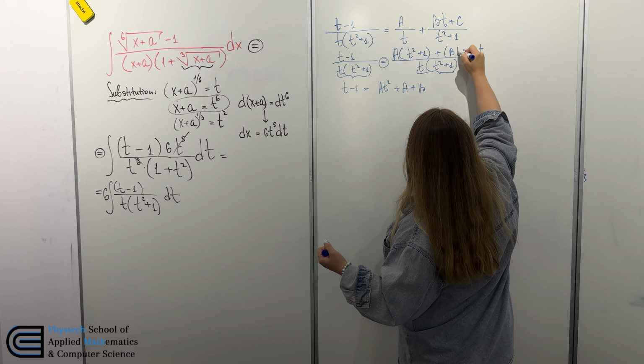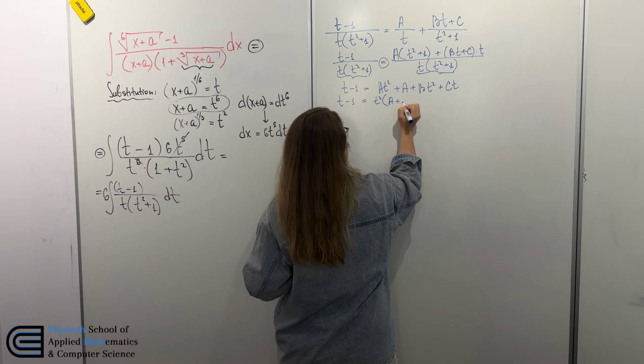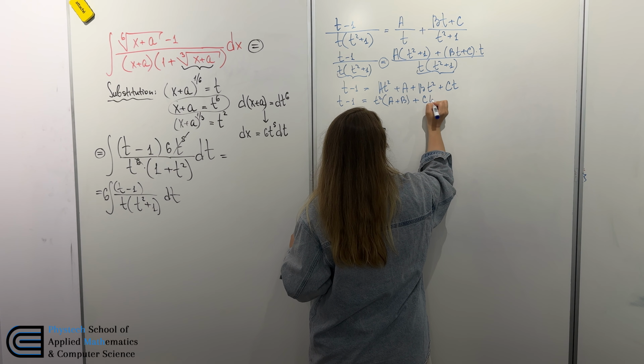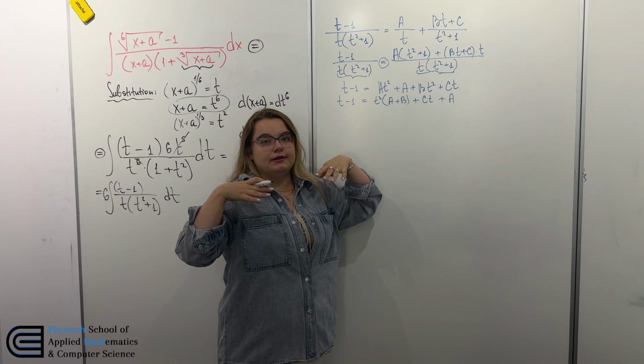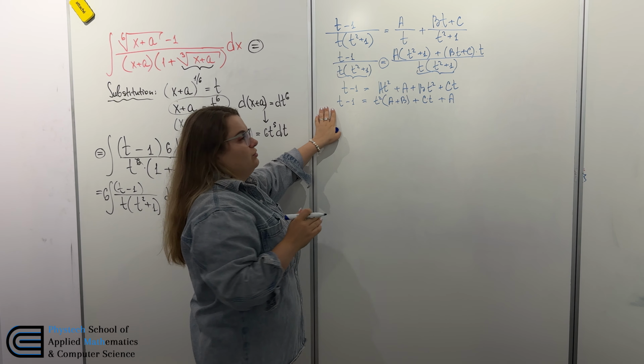Now let's rewrite it just a little bit more. T squared, from here and here we will obtain a plus b, then c multiplied by t, and plus a. So we know that this part and this part are equal. So let's see. Here we have no t squared.